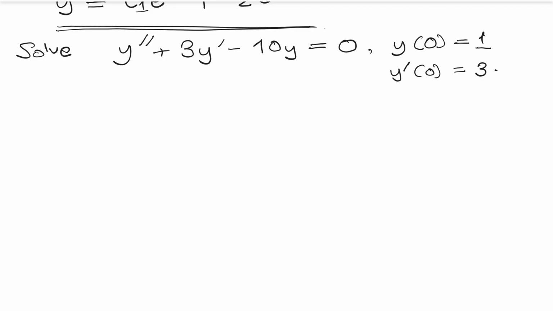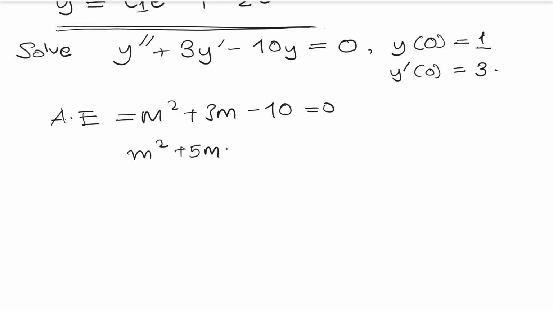The solution. The first step, as always, is finding the auxiliary equation, which will be m squared plus 3m minus 10 is equal to 0. That means it's m squared plus 5m minus 2m minus 10 equal to 0.